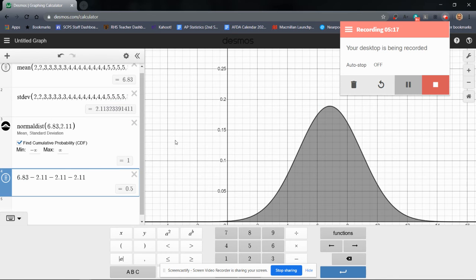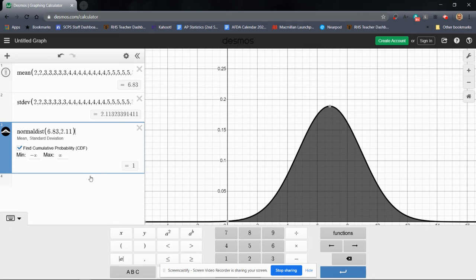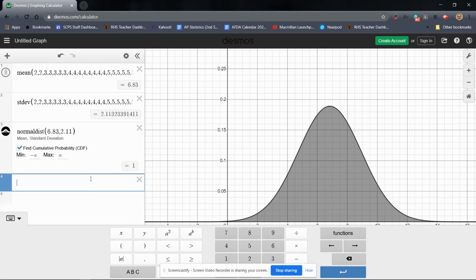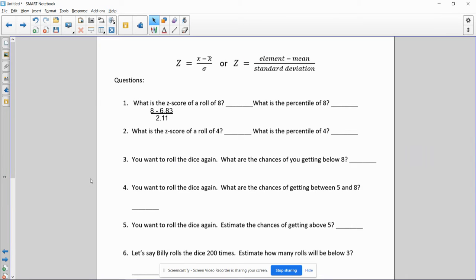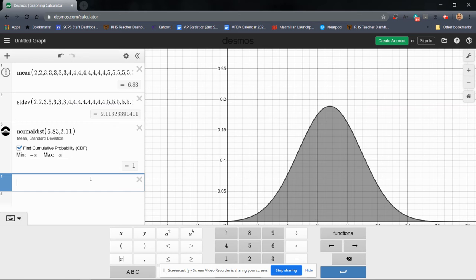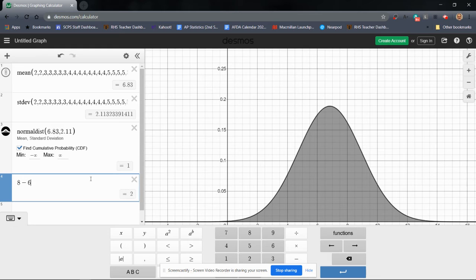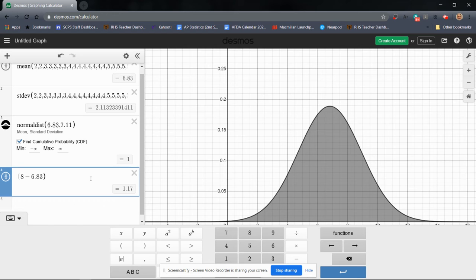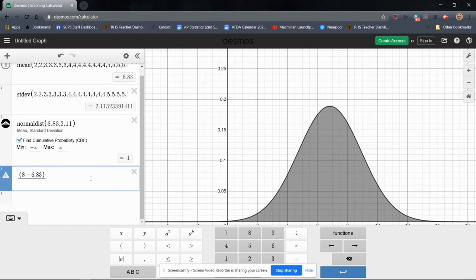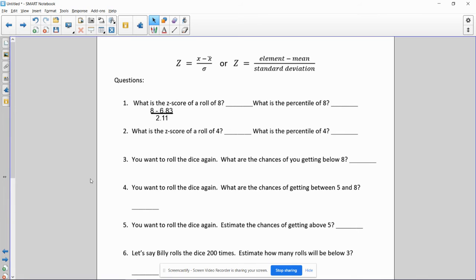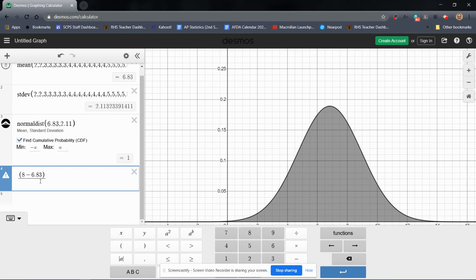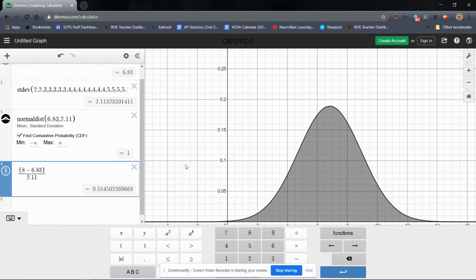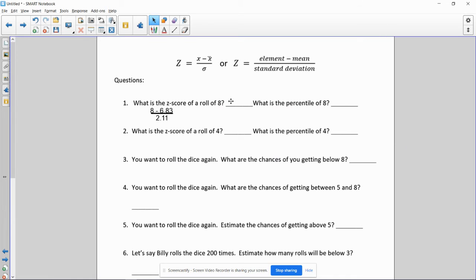All right, on the calculator, you just got to make sure that you put parentheses on top. So we got 8 minus 6.83, and then division, but with parentheses, by 2.11 will give me 0.55. That's my z-score.